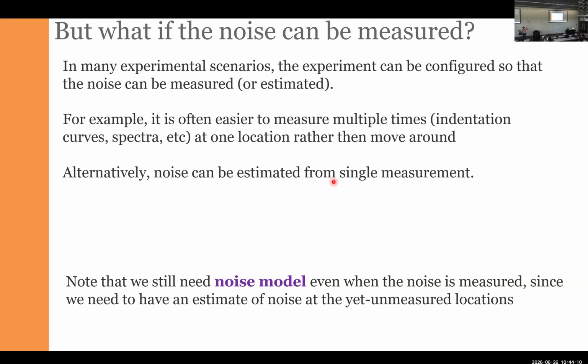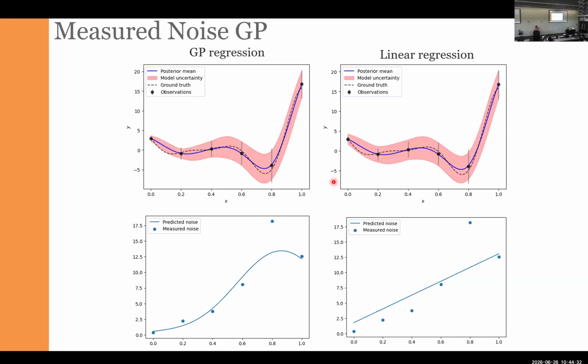So the function and the noise are measured at the same location. Then I can build a Gaussian process that uses the measured noise rather than trying to learn the noise. This is also an example of a mix-and-match approach, where I take some ideas from the Bayesian methods and some ideas from the frequency-based methods.